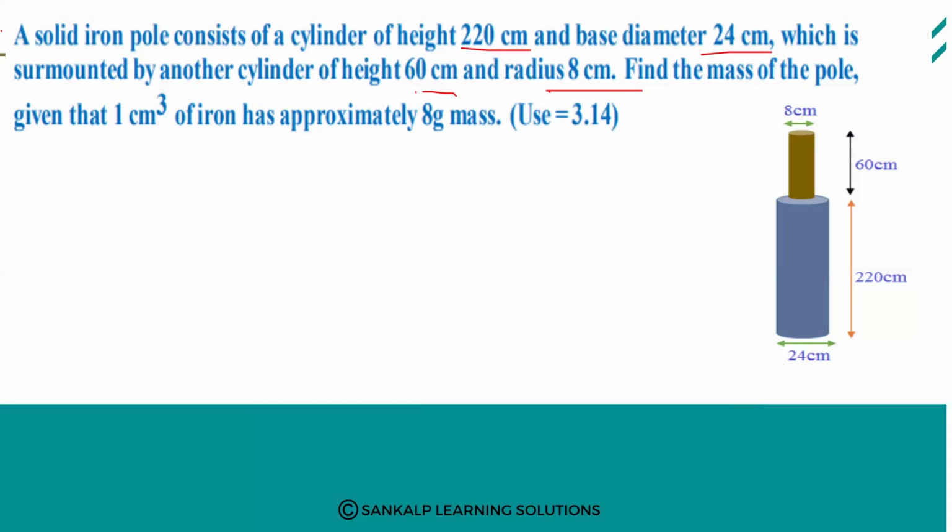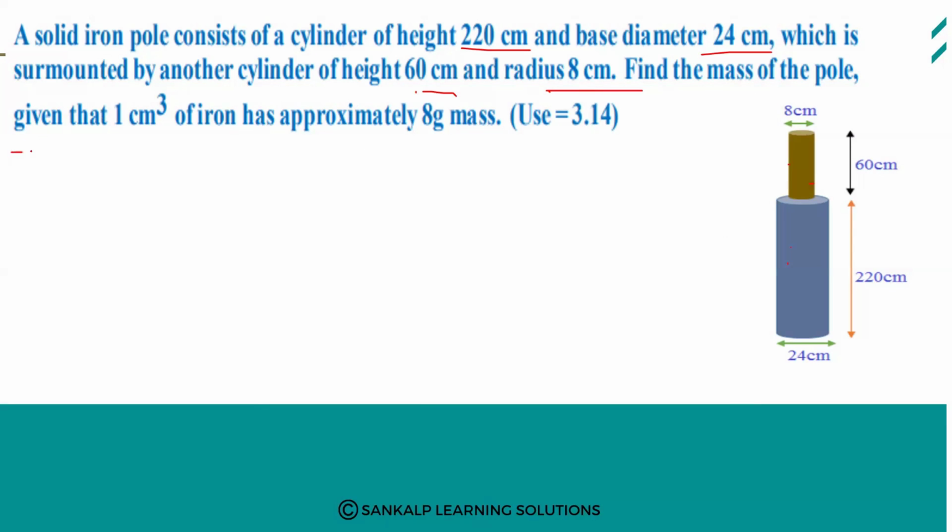Find the mass of the pole given that 1 centimeter cube of iron has approximately 8 gram mass. So here two poles are there, right? Two solid iron poles are there. So now I will consider this is the first pole and this is the second.